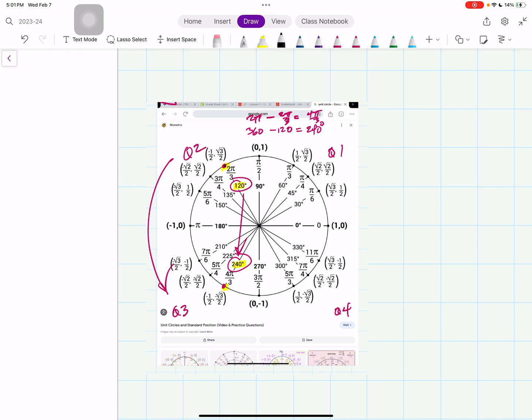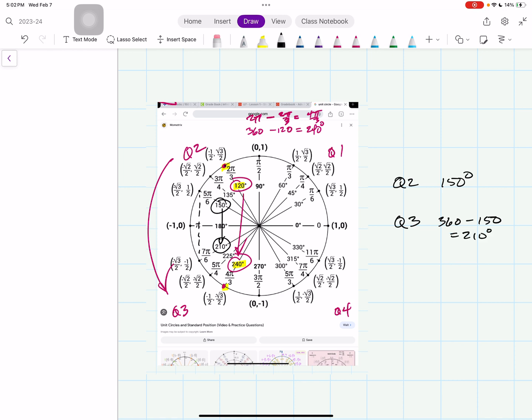Okay, and I noted that at the very top here. So let me do it for another example. Let's say we're dealing with 150, all right? So let's say in quadrant 2, we're dealing with a 150 degree angle. To get to quadrant 3, it should be 210 degrees, right? So from here to here. So let's take 360 minus 150, and guess what?